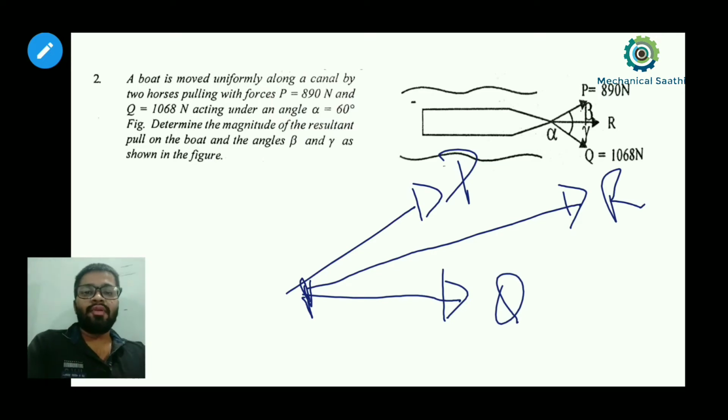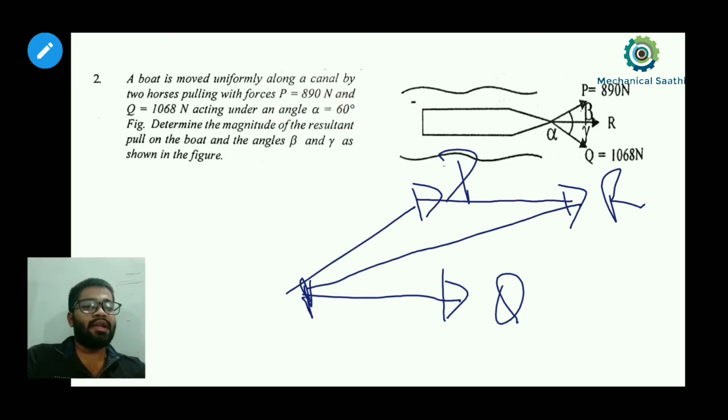I have already derived that formula: the resultant is equal to the square root of P square plus Q square plus 2PQ cos alpha, where alpha is given here as 60 degrees. So I can construct this parallelogram over here.